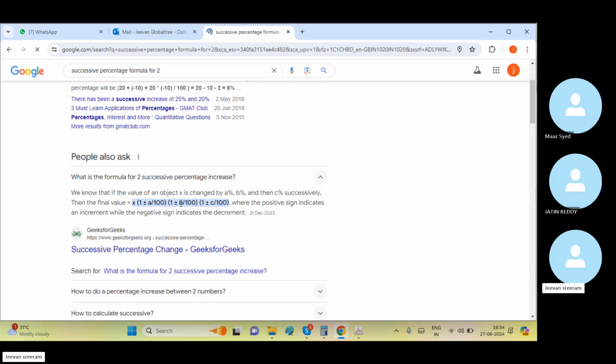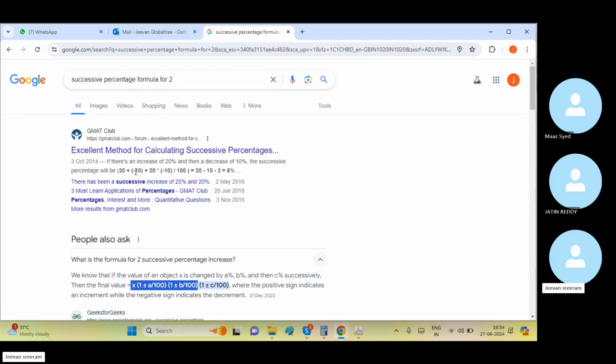You can actually check the successive percent increase. If there are three consecutive percentage increases on a particular quantity, this is the one. Similarly, if there are only two, you can go with this. If there is an increase of 20% and then a decrease of 10%, the successive percentage increase will be 20 plus minus 10 plus 20 into minus 10 by 100.